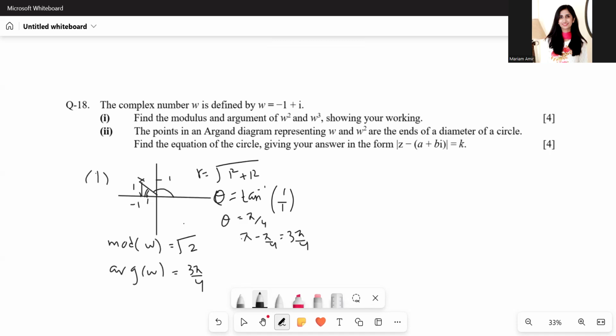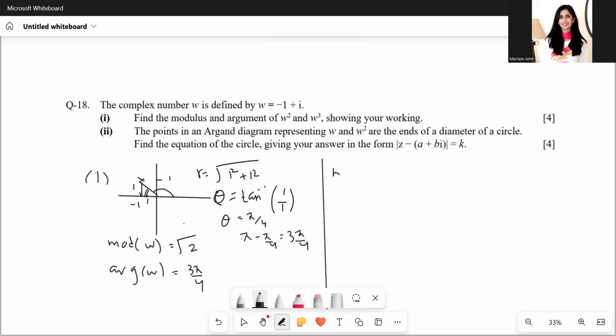Okay, so the modulus of W squared will be the square of root 2, so that's 2, and the modulus of W cubed will be the cube of root 2, which comes out to be 2 root 2.